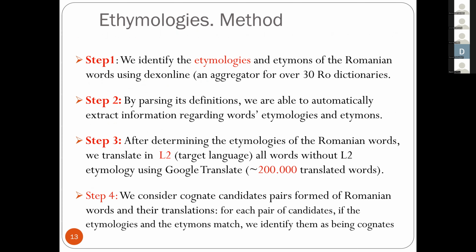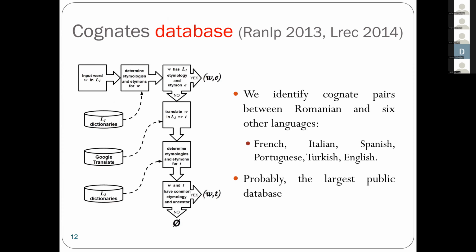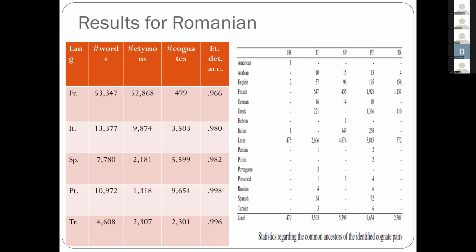So we identified the errors which we obtain when we create this Cognate database. Probably no time to explain all the steps; the errors were around 2 or 3%.